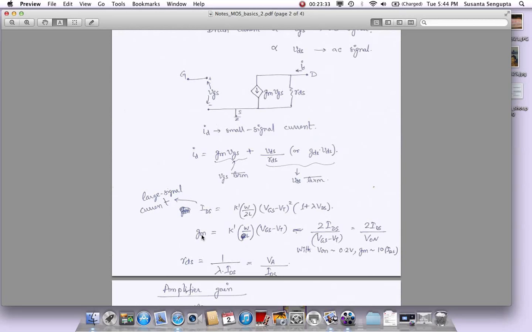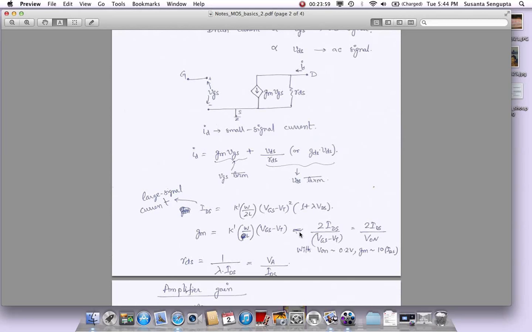Now to find GM, you will take this and do a derivative with respect to VGS, and also make the assumption that this lambda is small for now. Okay, so the modulation effect is small. If you do that approximation, you will get GM as K prime W over L, this 2 will cancel, times (VGS minus VT).